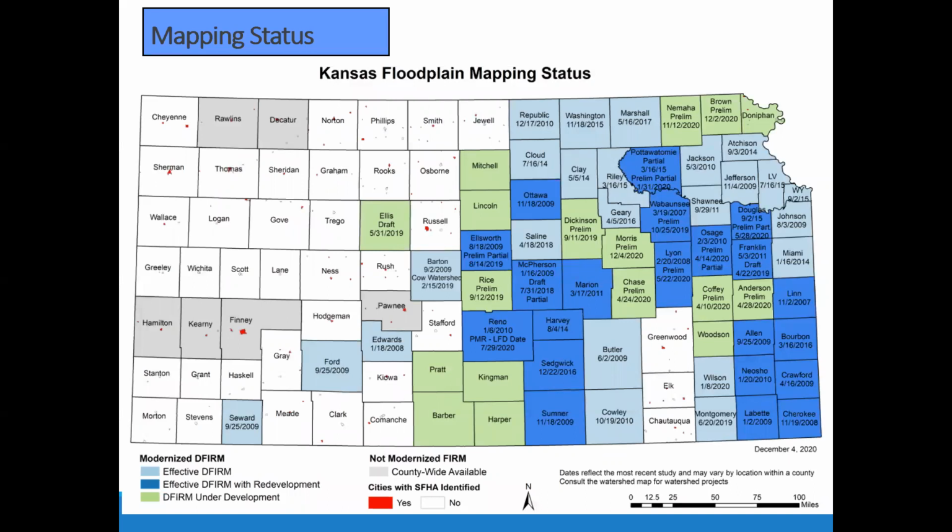This map is actually from last year, December 2020, so it's a little bit out of date. Our mapping experts have made quite a bit of progress since this time, and I'm helping some of these communities on here that are listed as in redevelopment to go ahead and get their maps adopted. So we are working hard to get that done.